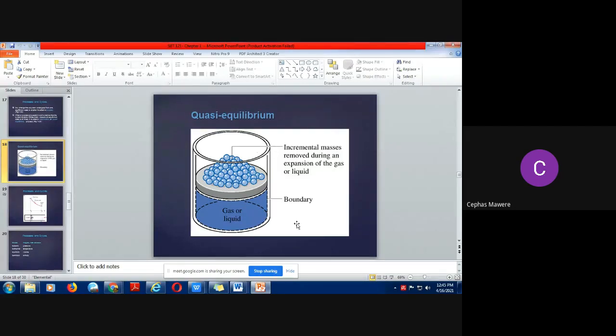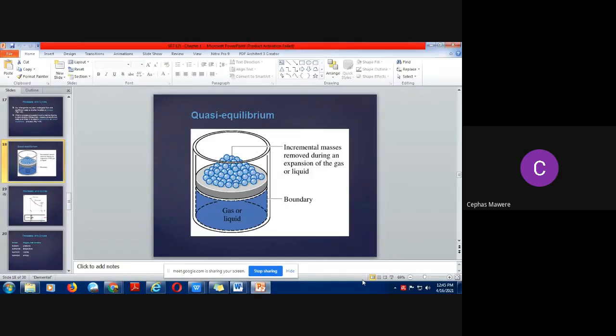But when the pressure begins to decrease, the rate at which it is decreasing is so slow that as the volume of the system increases, the pressure remains constant.